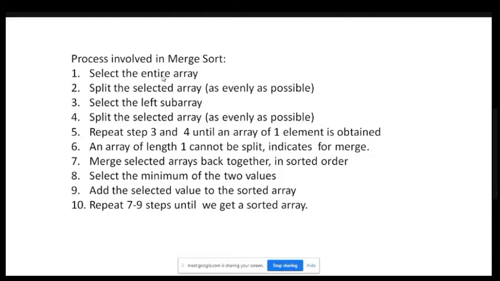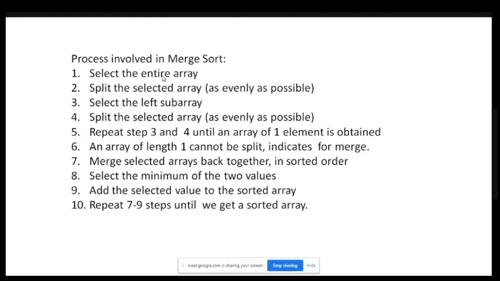After dividing the given input array into two halves, select the left sub-array. Again make a splitting process. Repeat steps 3 and 4. Again and again you go on splitting the elements, such that you end up with only one element at the last, which indicates that it cannot be split further. So you go for the second step, called conquer, that is the merging process.